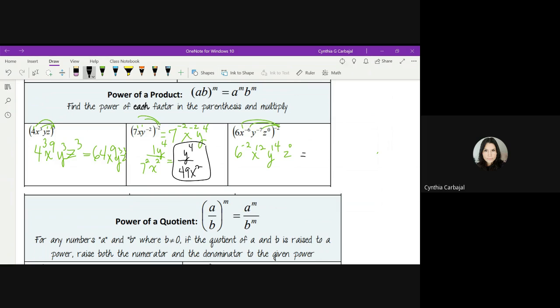That's going to go down because it's a negative. So it's going to be 36 because 6 squared is 36. Since it's a negative, 2 is going to go to the bottom. That x to the 12 is positive, so it stays. Y to the 14th power stays. And then z to the 0 becomes a 1. So if I want, I can put a little 1 in the front, but I don't need it. There's our answer.